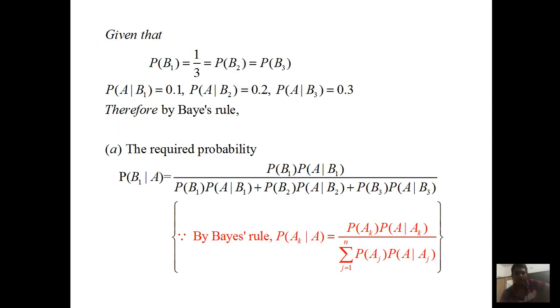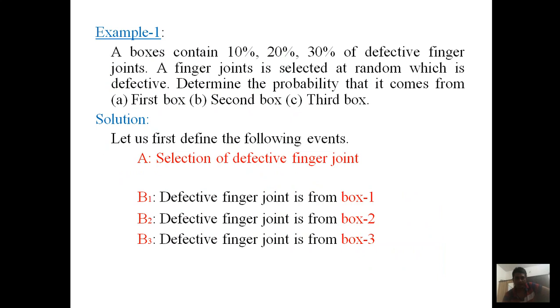Now before dealing with it further, we have to determine the probability that it comes from the first box. Right now in this example there are three boxes, 1, 2 and 3.